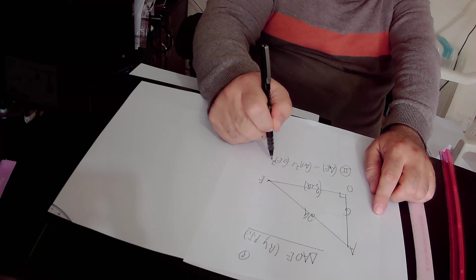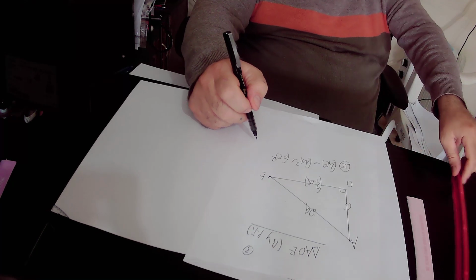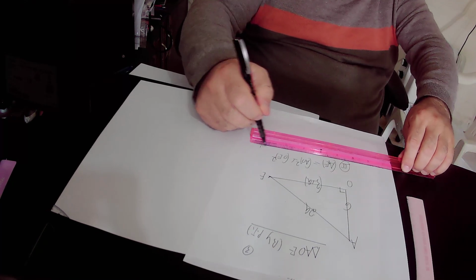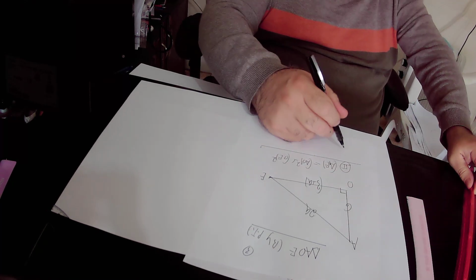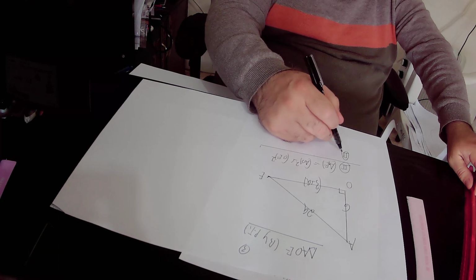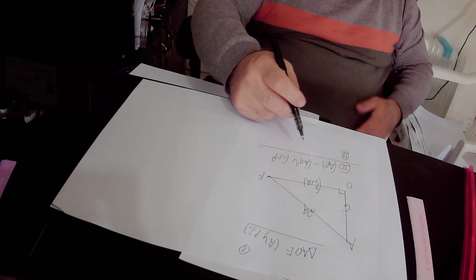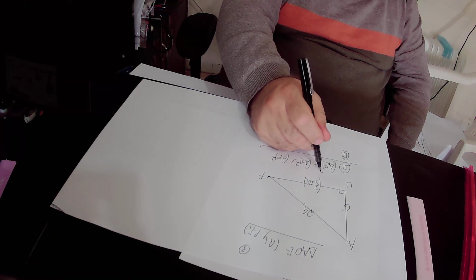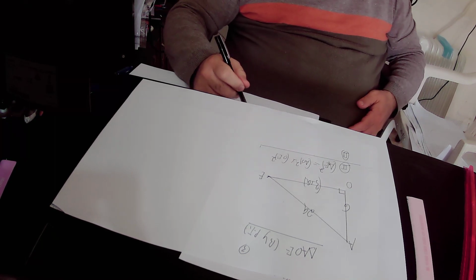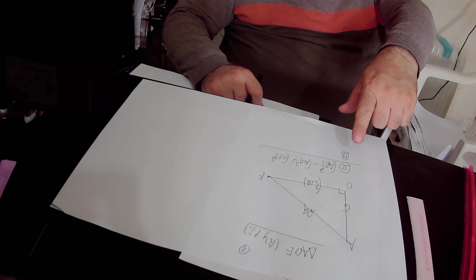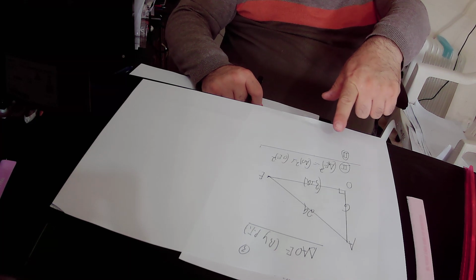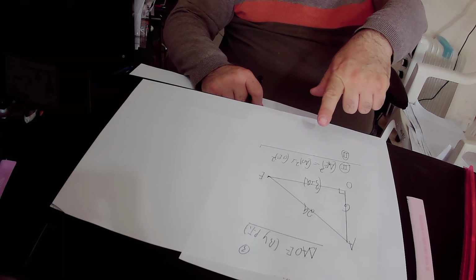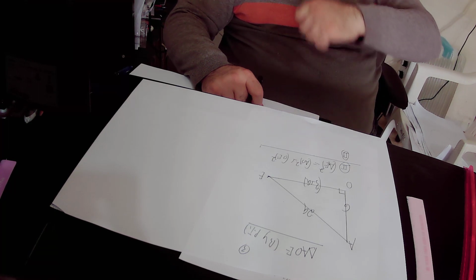Okay? So AE equals 2a. Therefore, I'll repeat again, according to the Pythagoras theorem, AE squared equals AO squared plus OE squared.